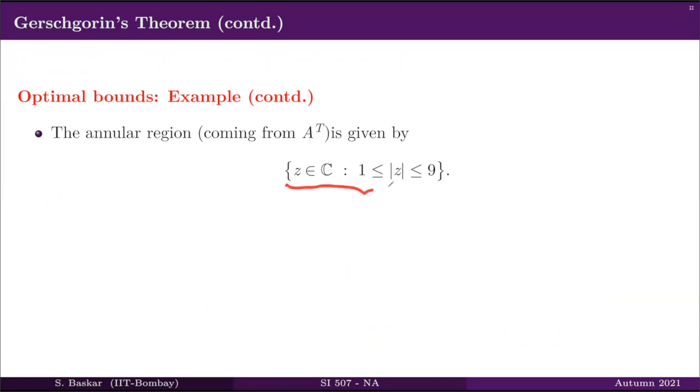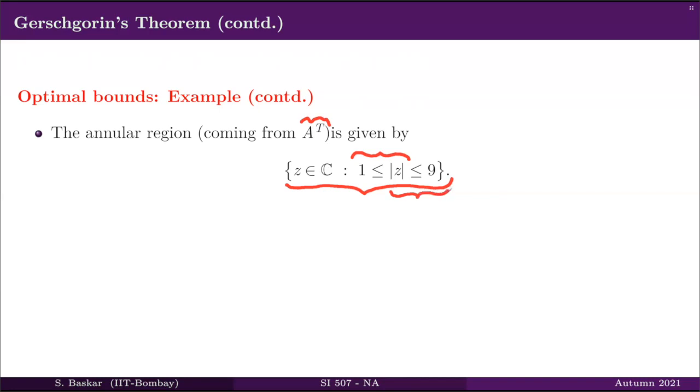The annular region that we obtained from the Gerschgorin theorem applied to A transpose is given by the set of all Z in C such that 1 less than or equal to mod Z is less than or equal to 9. Here you can see that you have better information about the lower bound of all the eigenvalues of A, but we don't have better information as far as the upper bound is concerned.